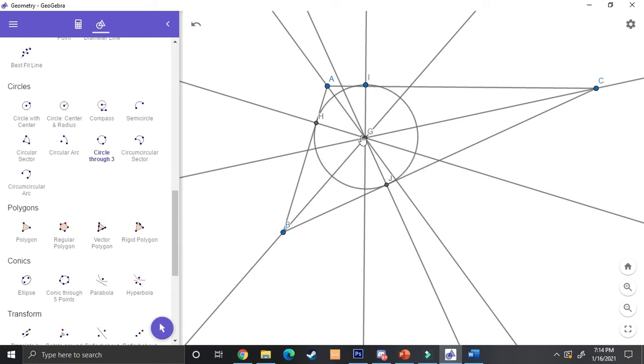So G is the center of this so-called incircle, and GH, GI, and GJ are all the inradii. The singular form is inradius.